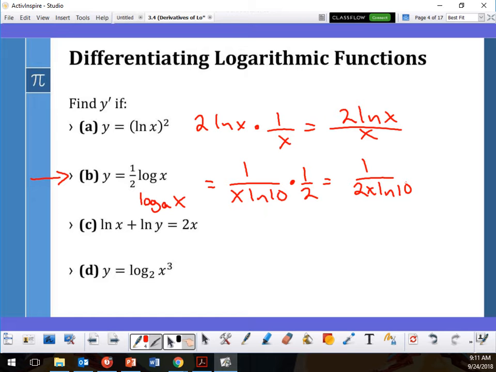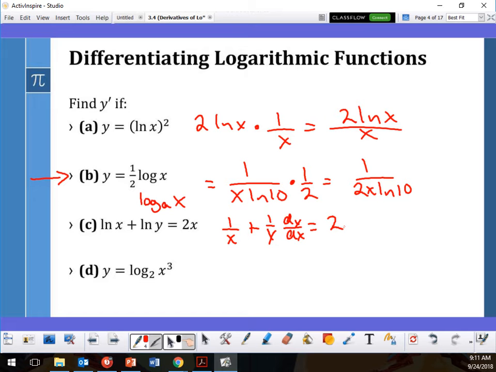Okay, so next one. What type of derivative am I doing? Implicit. So the derivative is going to be 1 over x plus 1 over y dy/dx equals 2. Move everything to the right.